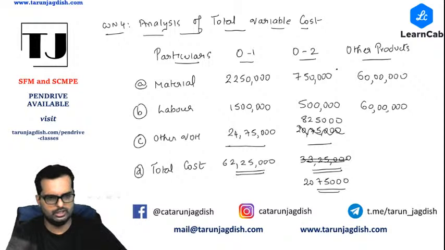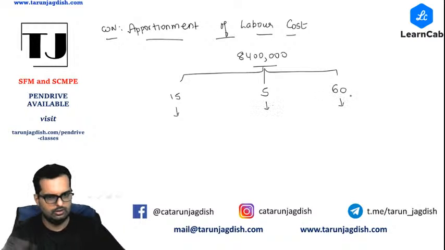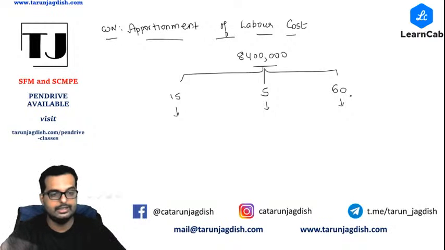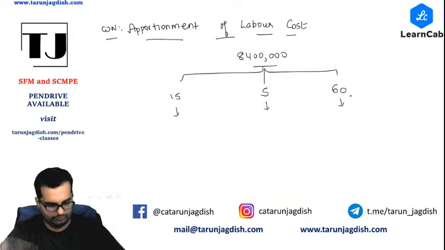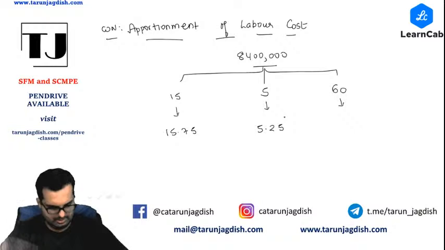This will be apportioned in the ratio of 15 lakh, 5 lakh, 60 lakhs. So total turns out to be 80. Okay. So 84 lakh divided by 80 would give you a constant of 1.05. 1.05 into 15 would be 15.75. 5 would be 5.25 and 60 would be 63 lakhs.